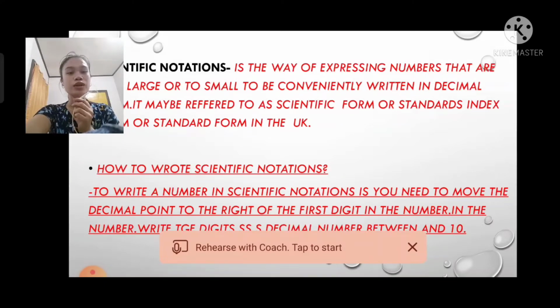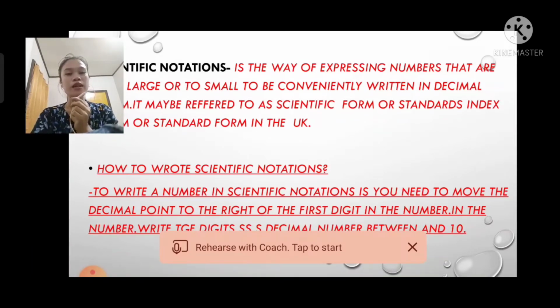So, how to write a scientific notation? To write a number in scientific notation, you need to move the decimal point to the right of the first digit in the number.